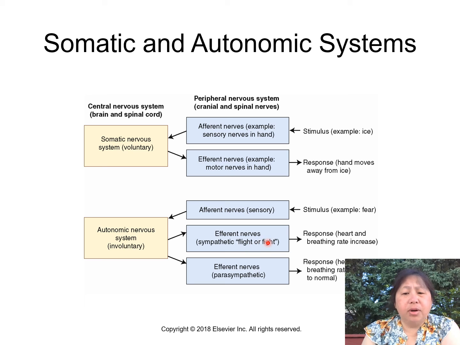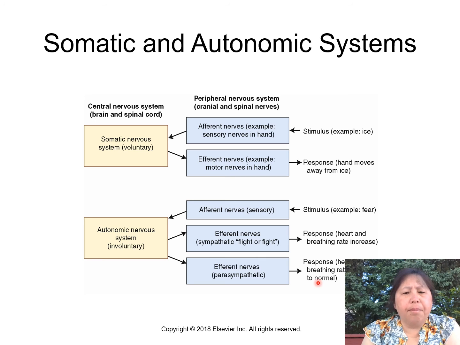And then once you get home and you're able to lock the doors and you're safe, your body will also sense this. Afferent or sensory nerves will go into your central nervous system and say to your brain, okay, we are out of danger. And what your body does automatically, with your parasympathetic system, is slow your heart rate and decrease your blood pressure.